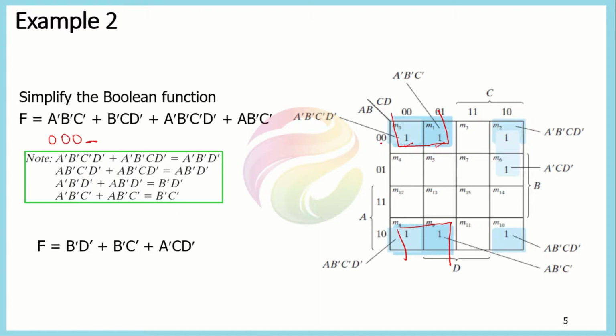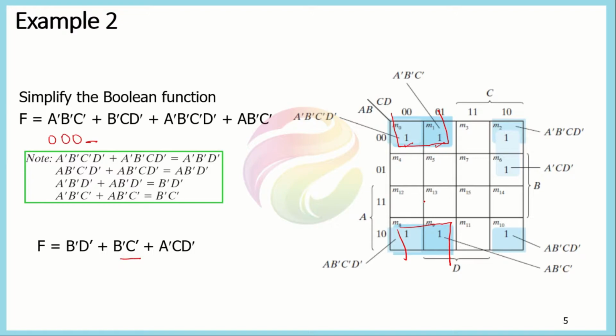As for example, in this case the a is changing here, it's 0 here and 1 here, so we will take the b complement here. And similarly from the next one, we have the c common here because the d is changing, so b complement into c complement. We will get the first expression as b complement into c complement from this box.